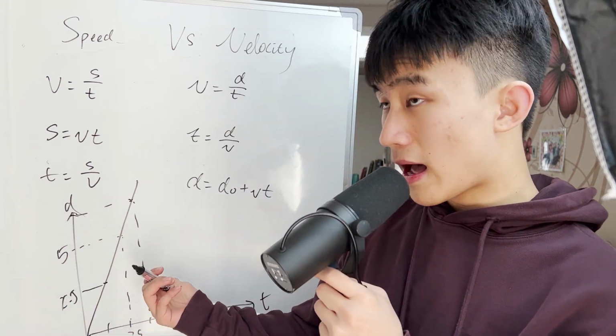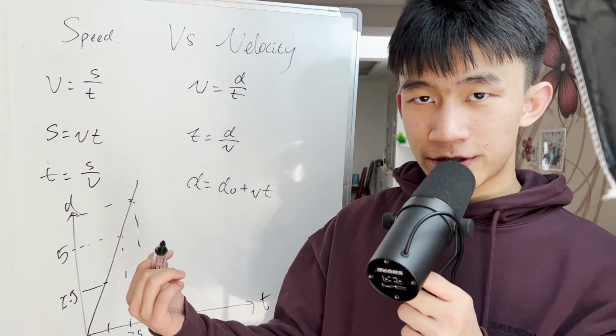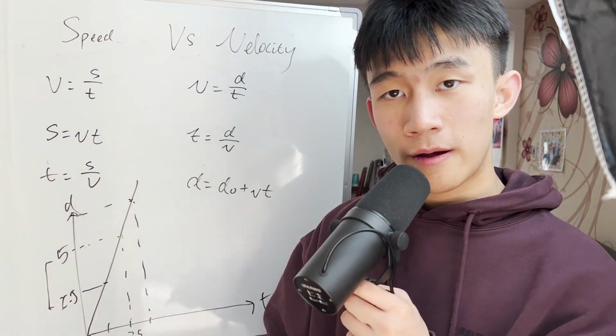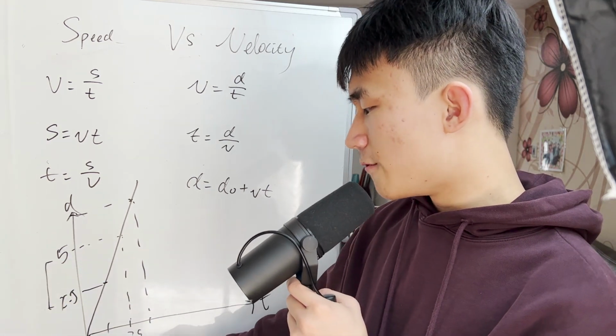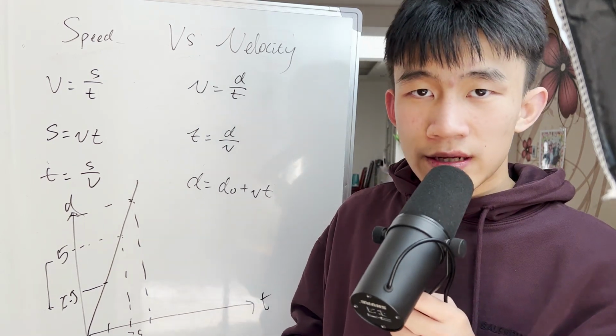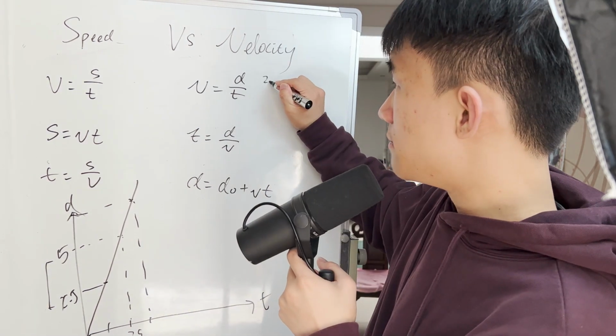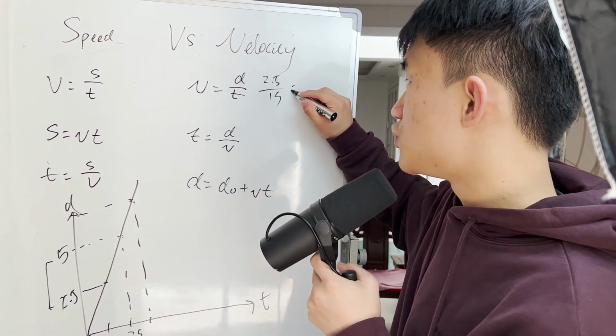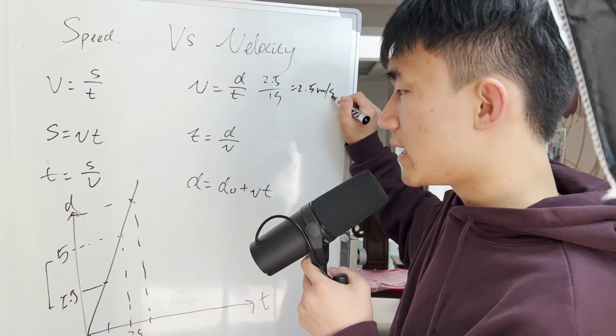So that's a very powerful tool, right? And one interesting thing is you'll find that as my displacement changed 2.5 meters, the time only went on for 1 second. So what does this mean? This means I moved 2.5 meters in 1 second. So what's my velocity? It's 2.5 meters per second, right?